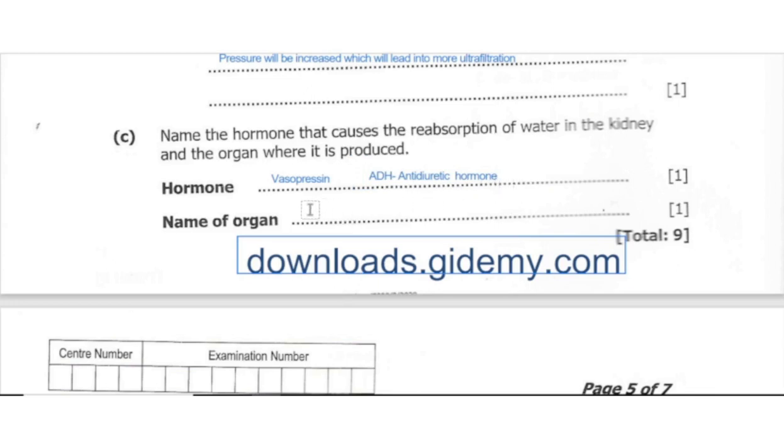So where is it produced? It is produced in the pituitary gland. Okay, that's where it is produced.